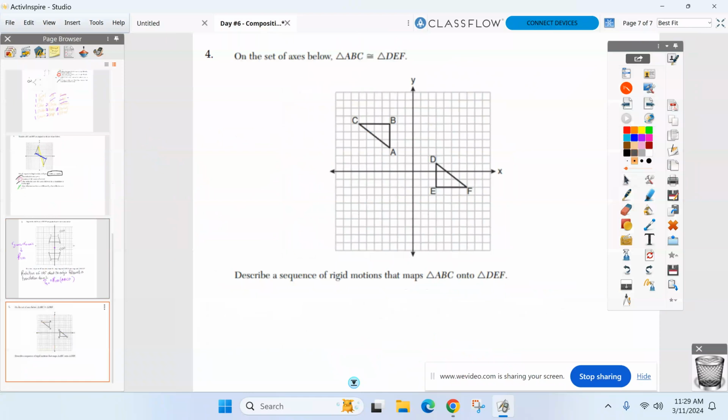A, B, C to D, E, F. Check out the orientation first. I'll do it with you. Let's see. A, B, C, that's going counterclockwise. And D, E, F, also going counterclockwise. So we should not have a single reflection. You can have 2, though, but you cannot have a single reflection. You'll change its orientation. Let's see what we got here.